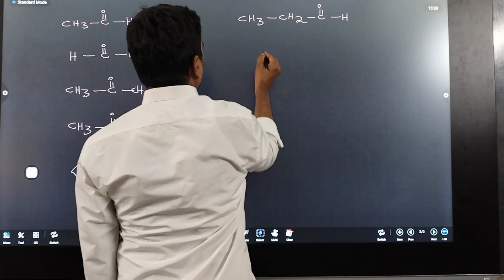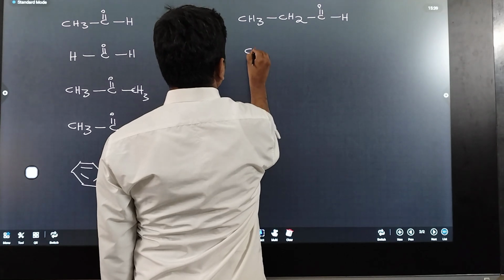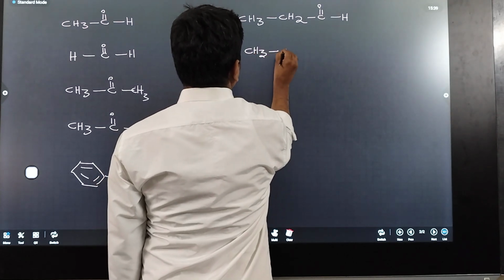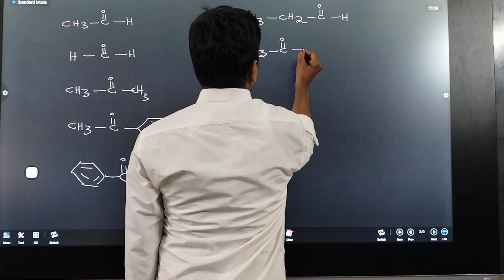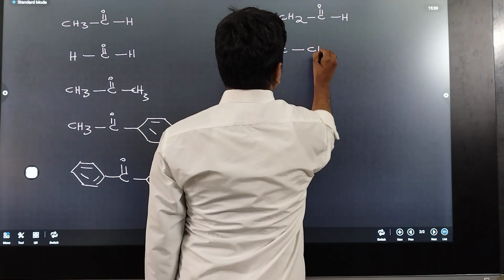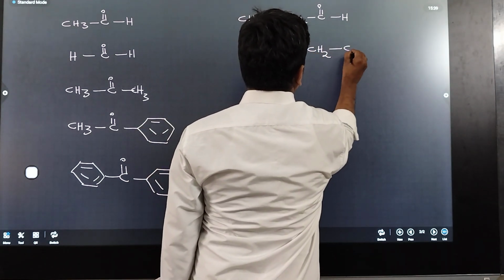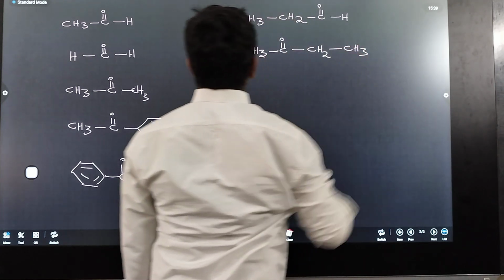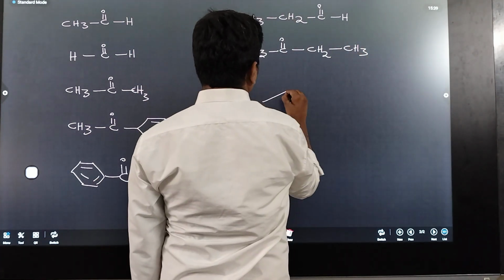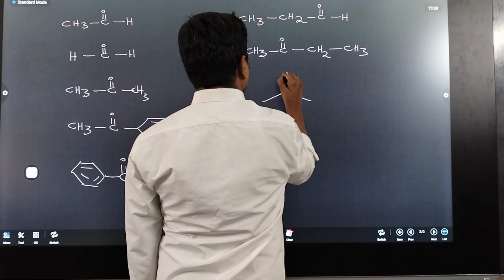Then 2-butanone, another carbonyl compound.